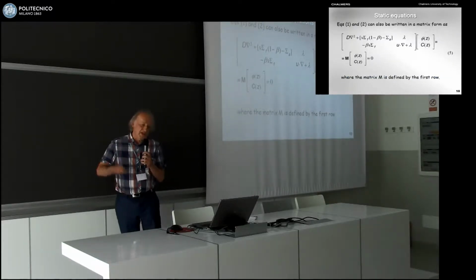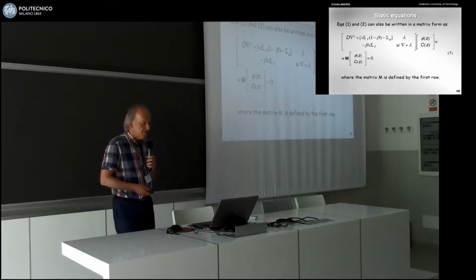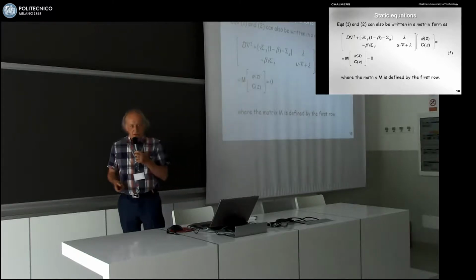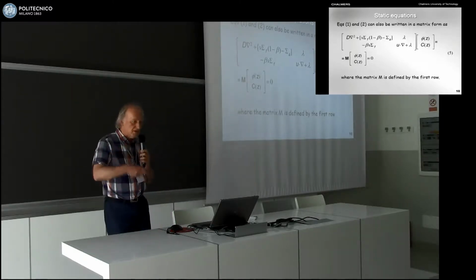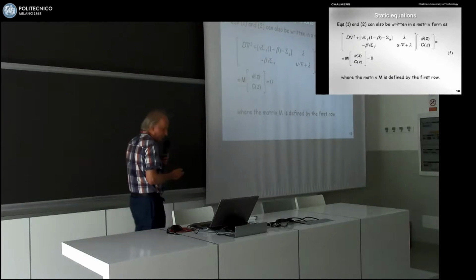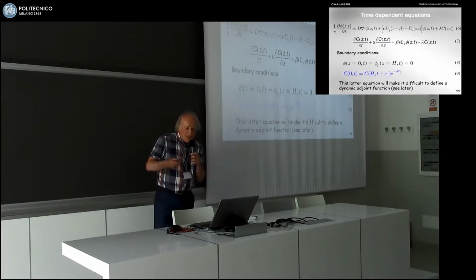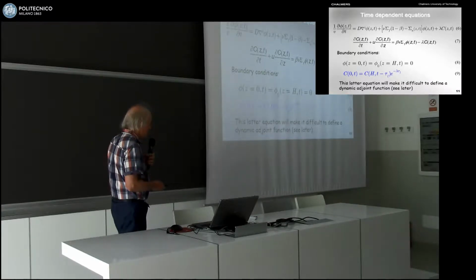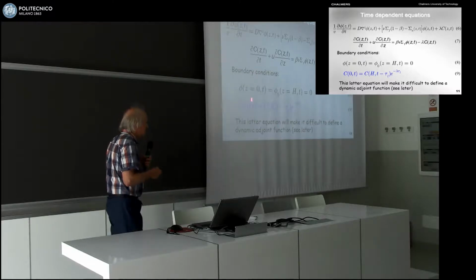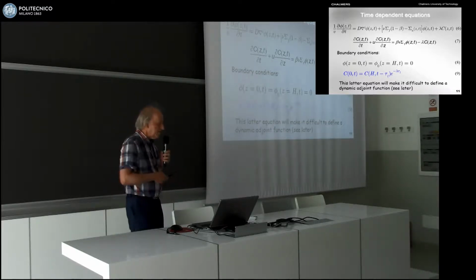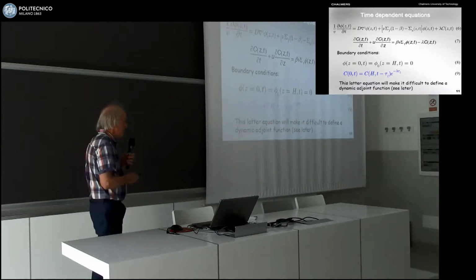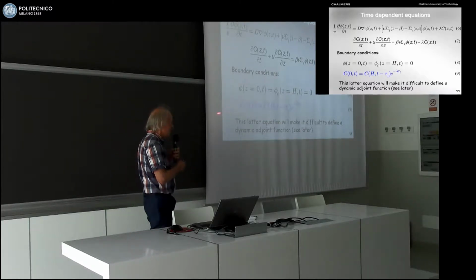Now, one can write the static equations also in a matrix form, if you like, in which the neutron flux and the delayed neutron precursors are the components of the vector which we have to solve. So the time-dependent equations, you have also seen them yesterday. The only difference compared to the static equations, apart from the time derivatives of course, is that the boundary condition looks different now, because the flux and the delayed neutron precursors are time dependent.